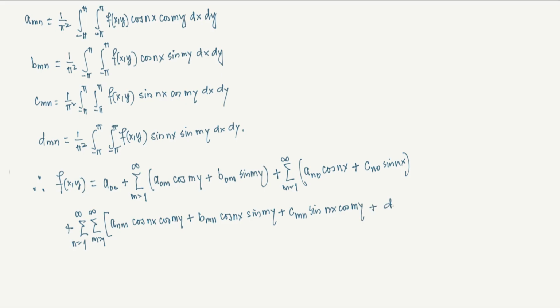It's a little complicated, so please bear with me here. So this is the whole thing. This is called the double Fourier series of f of x, y.